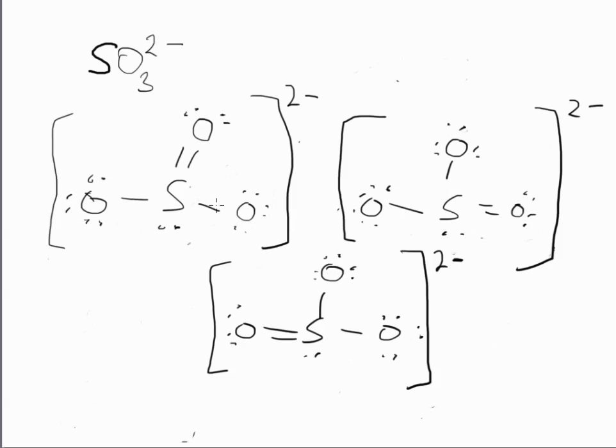We were asked in the original question that was asked in class to compare the lengths of the bonds for the sulfite ion against sulfur trioxide, and if we remember, sulfur trioxide ended up being a sulfur double bonded to each of the oxygens with the lone pairs on each of the oxygens like this.